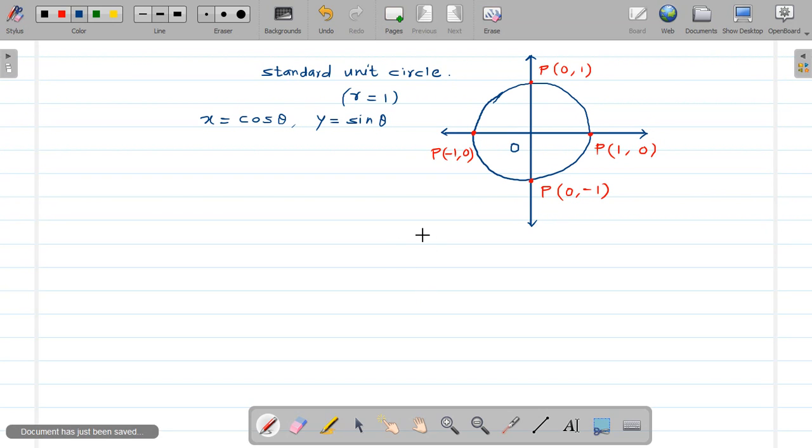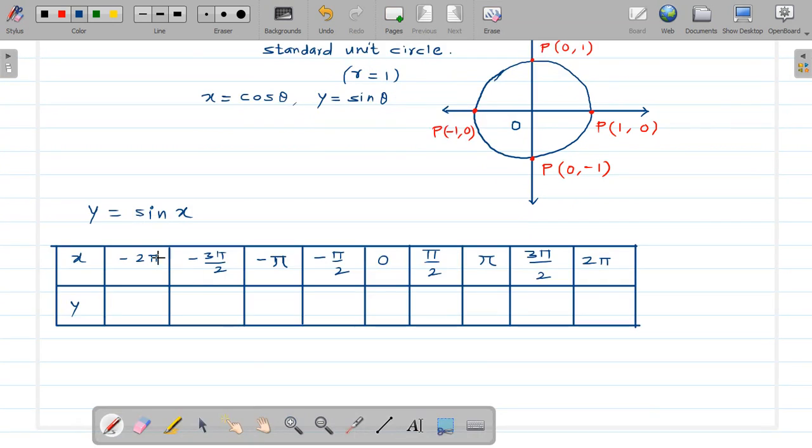Now we will draw the graph of the sine function. So consider the function y = sin x, and to get the graph of this sine function we will prepare a table. For that, here the angle is x, so we will take some standard angles, and now we will try to find the values of y = sin x for all these standard angles.